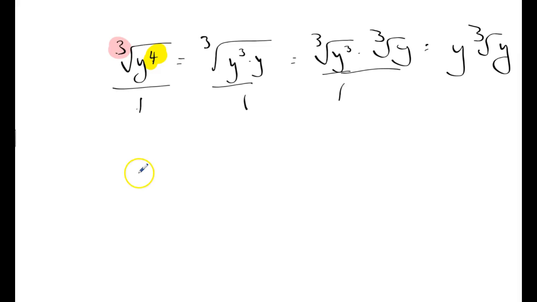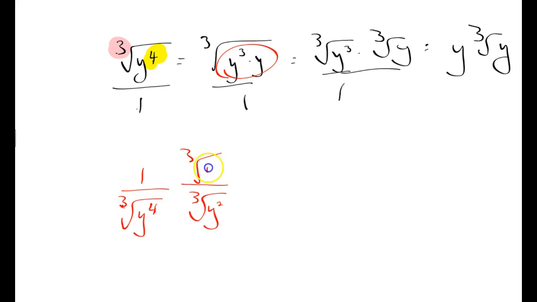But if you're in the denominator, if I flip this problem to be the cube root of y to the 4th, if you're in the denominator, I want you to go up. So 4 doesn't divide by 3. Don't break it down to y cubed times y like we did before. Instead, create more y's. 4 doesn't divide by 3, but 6 does, so I need 2 more y's.